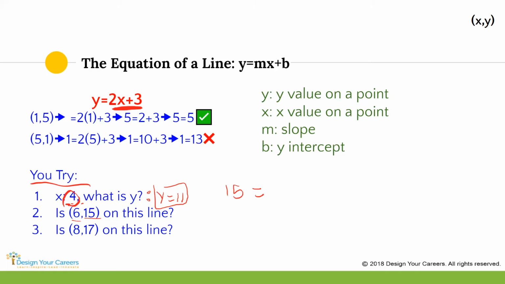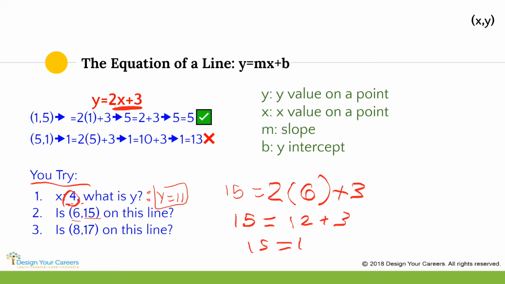So 2 times 6 plus 3 should equal 15. That's what we're going to solve. 15 should be equal to 12 plus 3. 15 is equal to 15. Is that true? Yes. So we know the point 6, 15 is on the line.